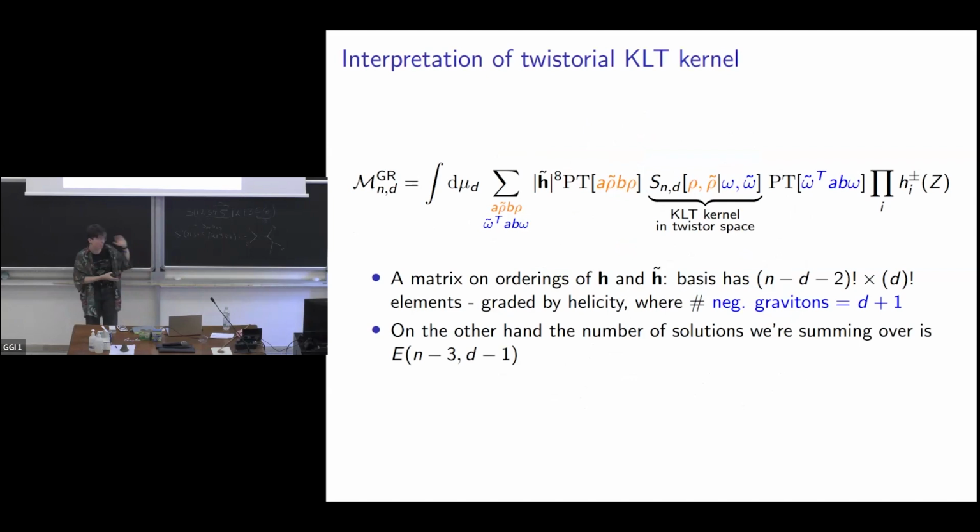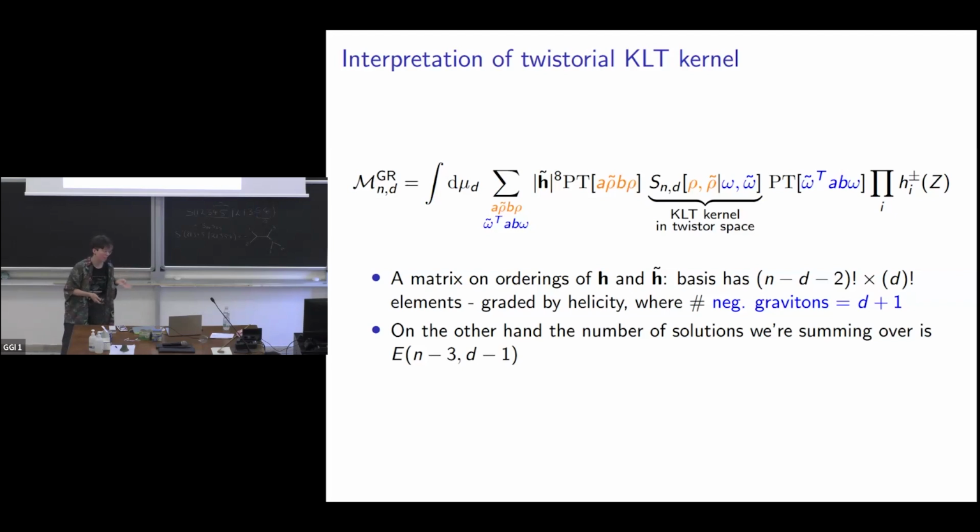How big is it? What are we integrating over? So this is a matrix on orderings of the positive helicity gravitons and the negative helicity gravitons. So this basis here has size n minus d minus 2 factorial times d factorial, which is graded by the helicity of the external configurations for the amplitude that we're considering.